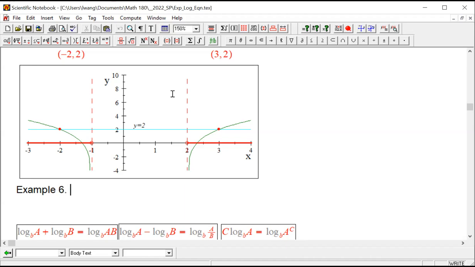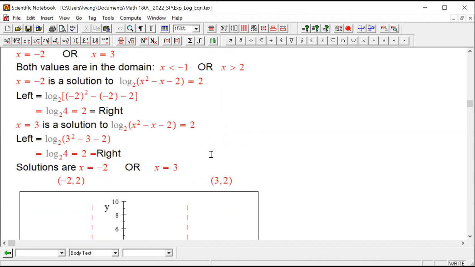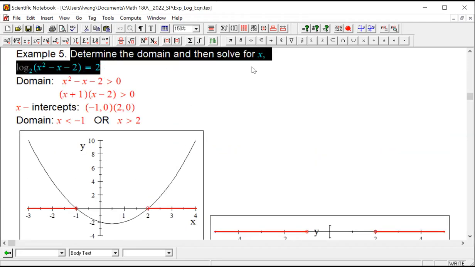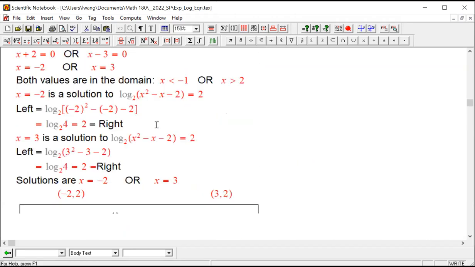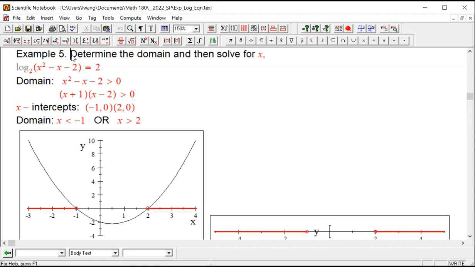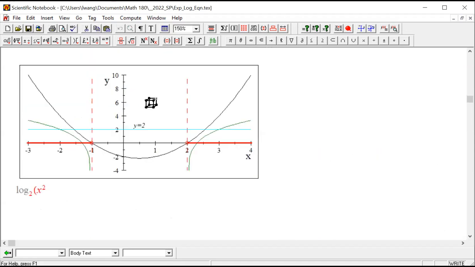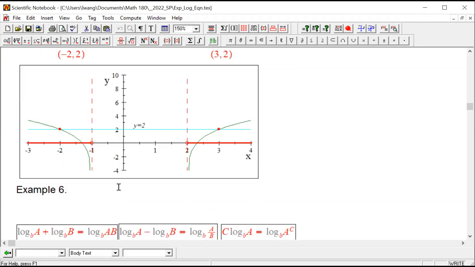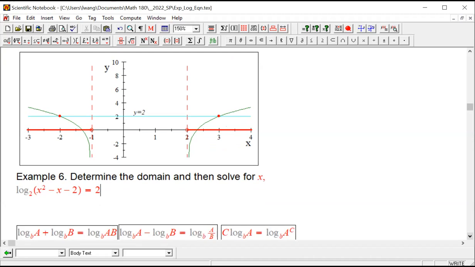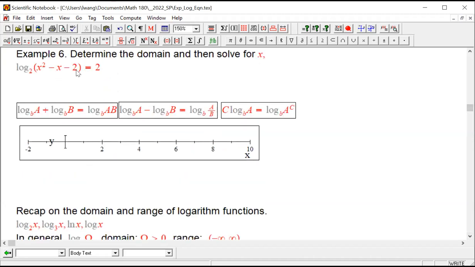And of course, we have the same title, solving for a determined domain and solve for something. And this one, I'm actually going to be tweaking number 5, because I want you to see some very important differences.